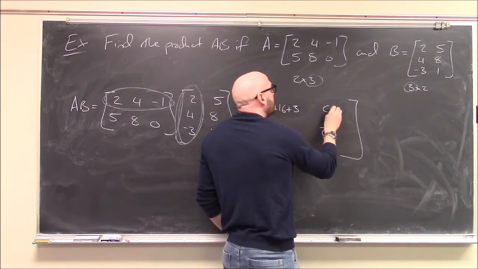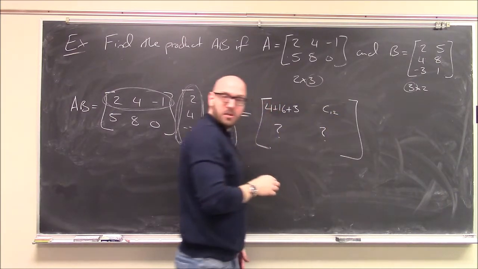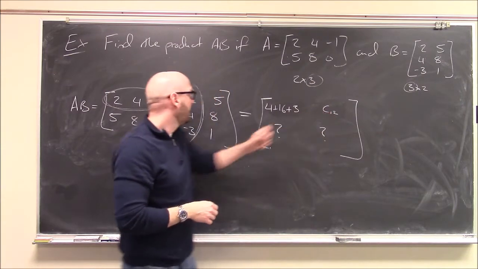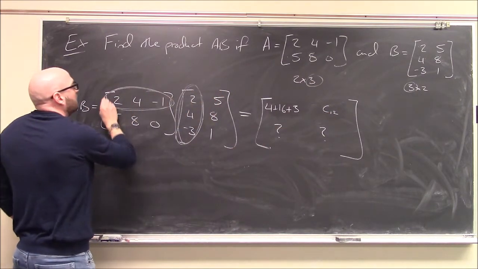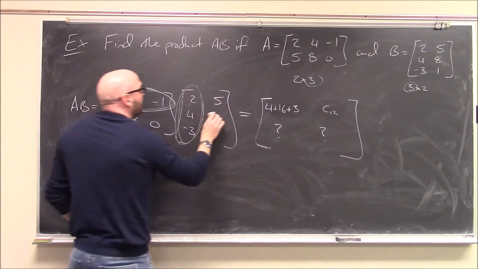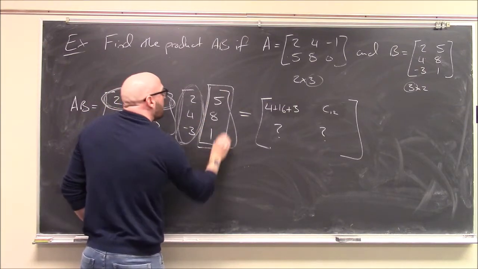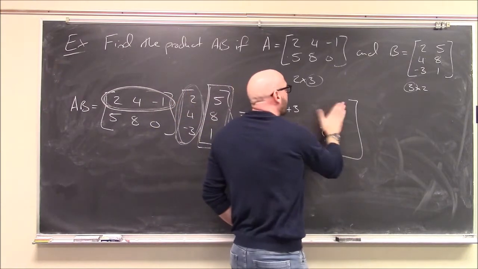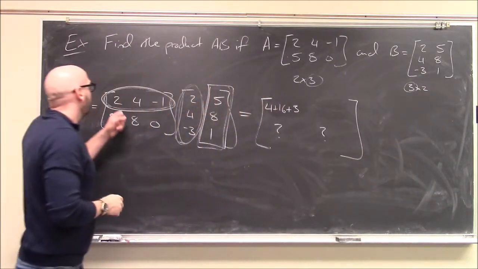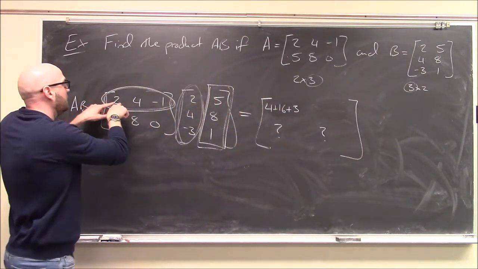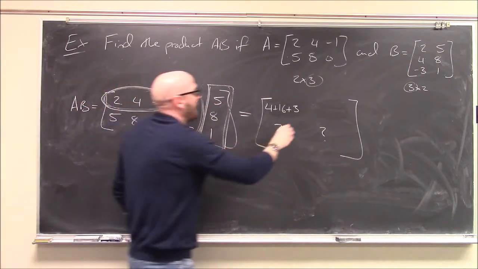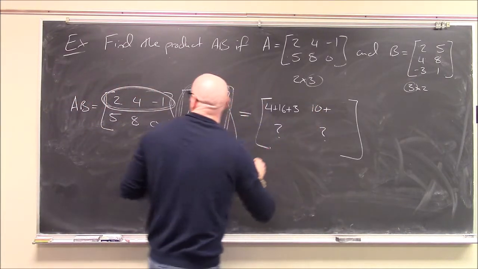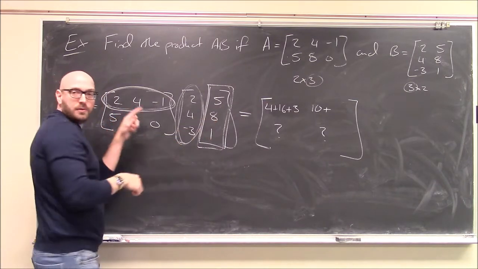Now this entry, this is first row, second column, right? This is C12. So how do I compute this? Well, it's the first row of A times the second column of B. So now we just have to compute this row by column product. First row of A is going to be 2 times 5, so 10, plus 4 times 8. 4 times 8 is a bigger number.